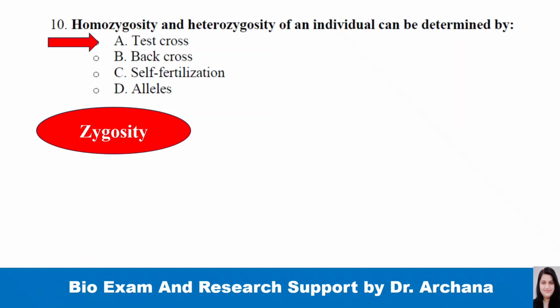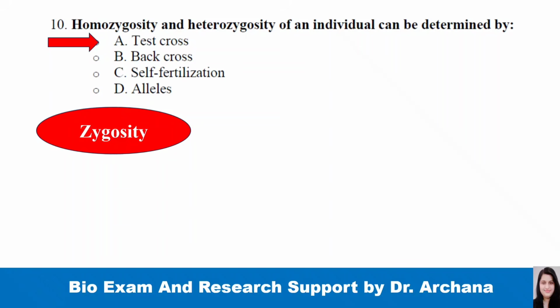Then question number 10, homozygosity and heterozygosity of an individual can be determined by. So it will be determined by test cross, because a test cross involves crossing an individual with unknown genotype with a homozygous recessive. So there are three options. If all the offspring show the dominant trait, the individual is homozygous dominant.